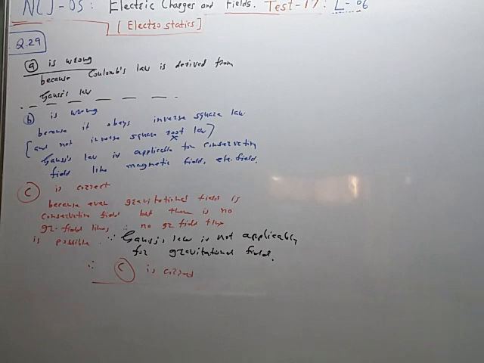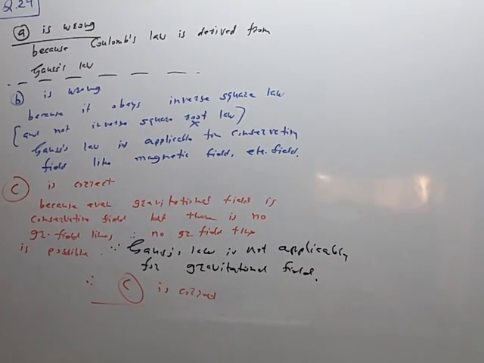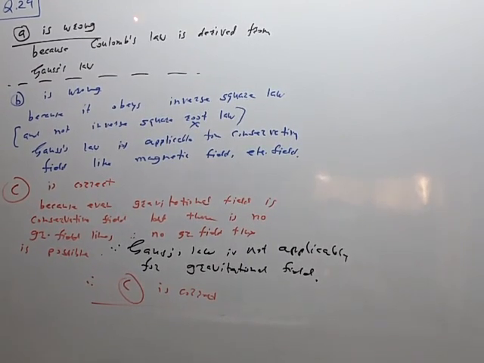So all these three fields are conservative fields. So remember the statement: we can derive Coulomb's law from Gauss's law. Gauss's law cannot be derived from Coulomb's law, like this. Therefore A is wrong. B is wrong. Why? Because Coulomb's law is an inverse square law. It is not an inverse square root law, like this. So Gauss's law is applicable for conservative fields like magnetic field and electric field.